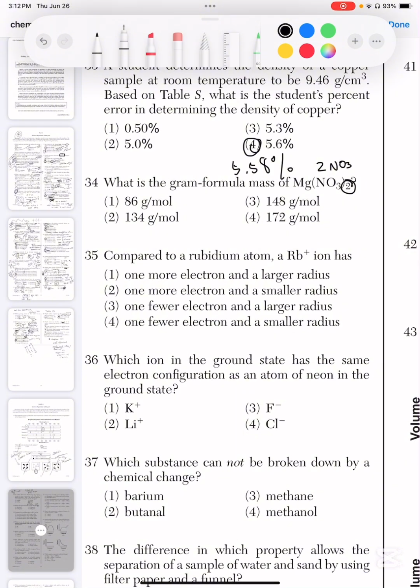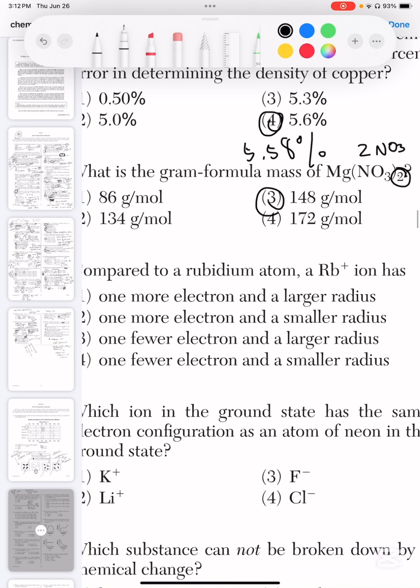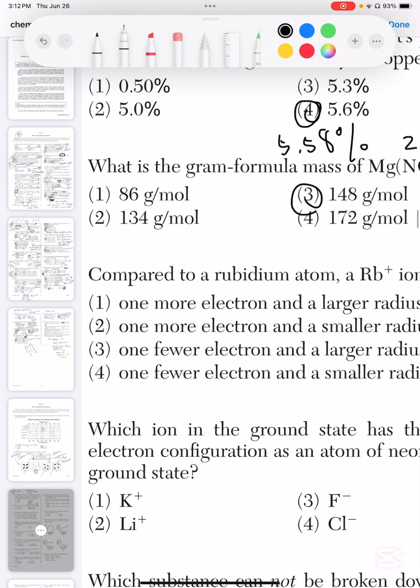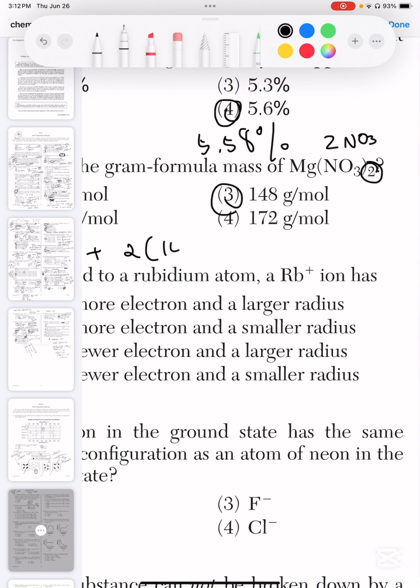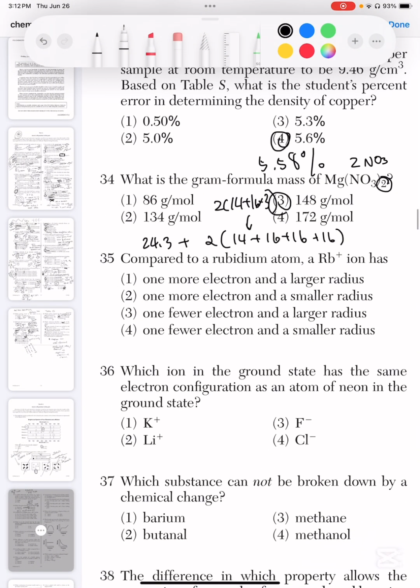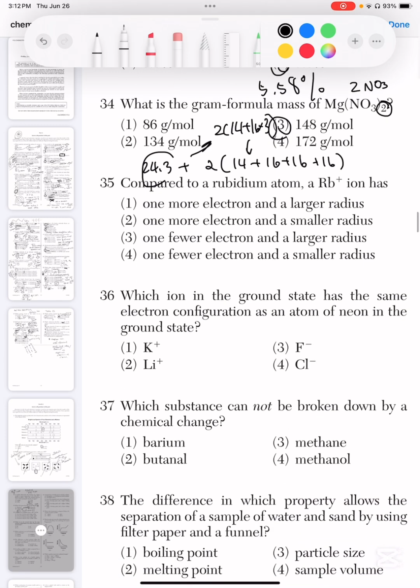So if you set it out, it's just magnesium, 24.3, plus 2 times, since we have 2 nitrates, 14 plus 16 plus 16 plus 16. That gives you this one.